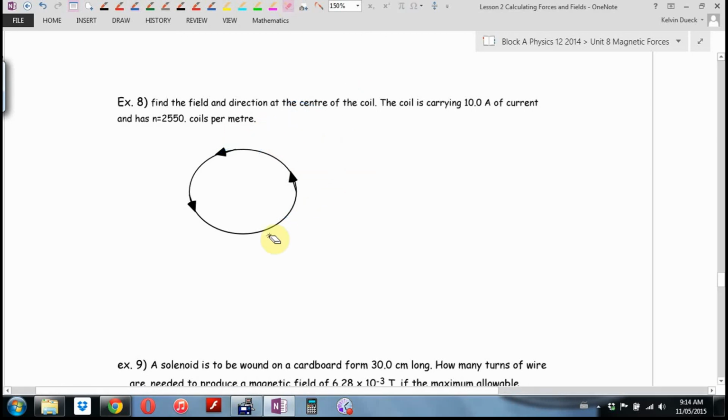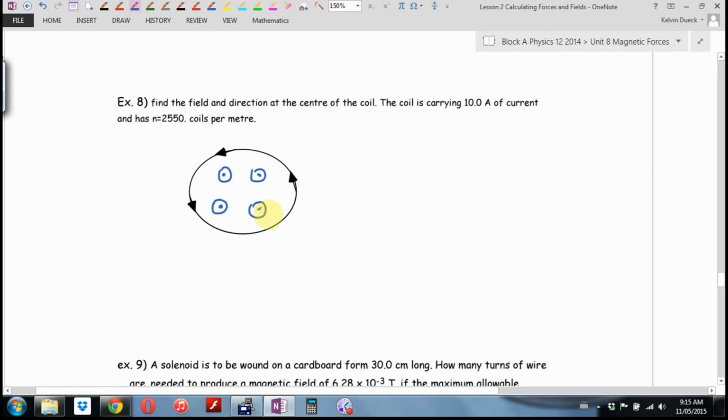So what direction is the magnetic field? Hold that solenoid in your hand. Now, to hold this solenoid in my hand, I'm either going to hold it this way or this way, because the solenoid itself is going into the page. Curl your fingers in the direction of the current. Jake, which way is your thumb pointing? You know what? The magnetic field is coming out of the page towards us, right?